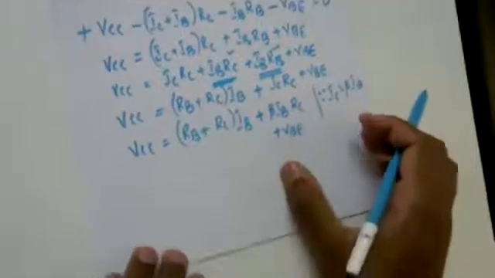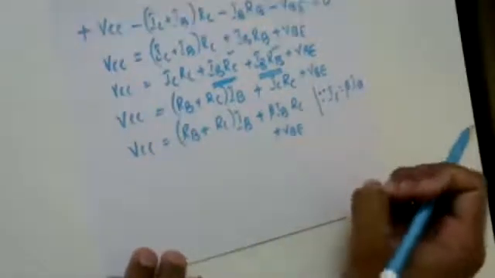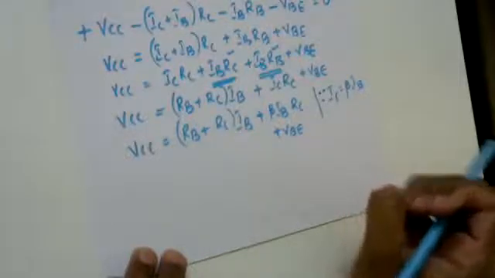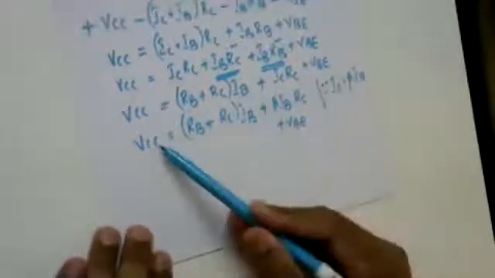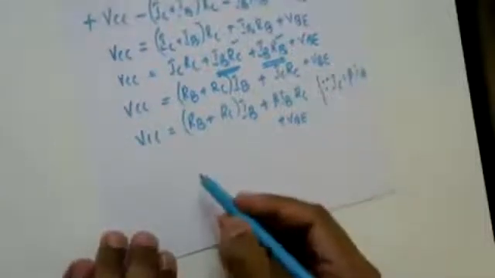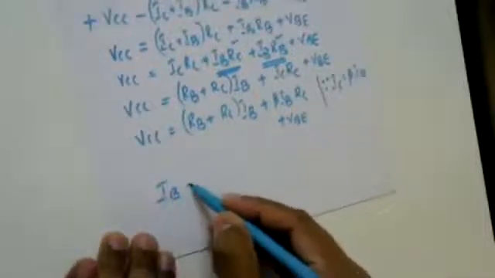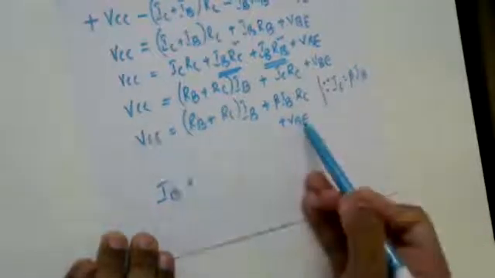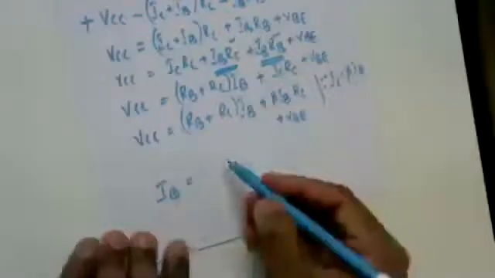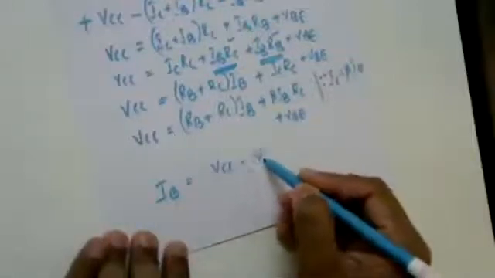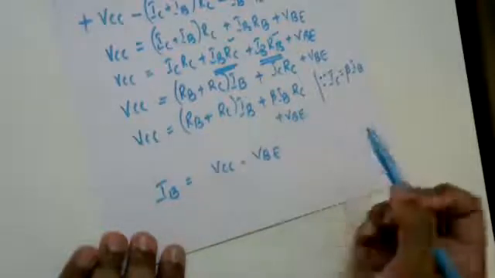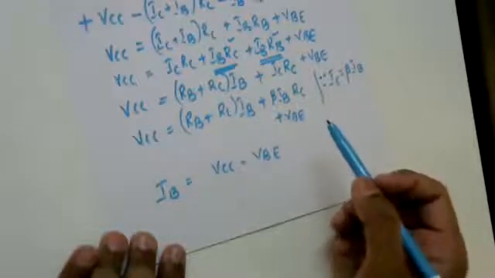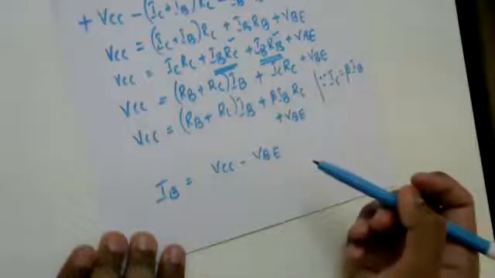Right? Okay. So now if I want to write the expression for the base current, the input current, how can I write this? First I have to send this VBE to the LHS. I want to simply write the equation for the base current. So VCC is there. I'll send this VBE from RHS to LHS. So what will happen? VCC minus VBE. Understanding? Then, once I send this term, what has been left out?